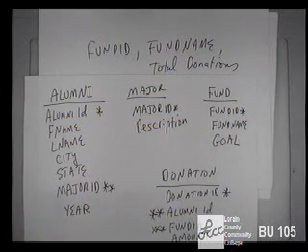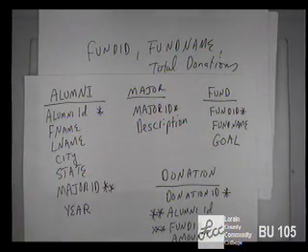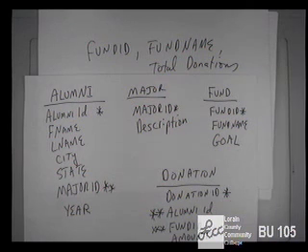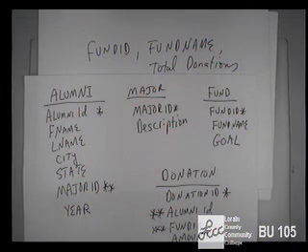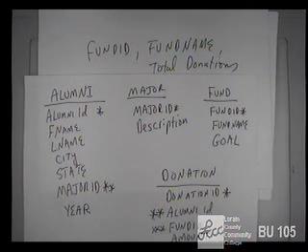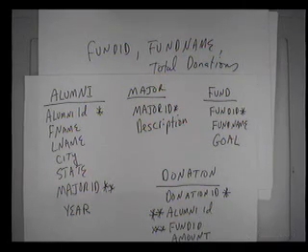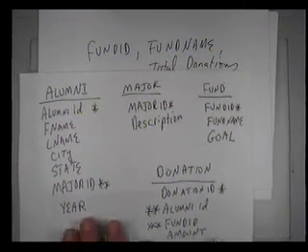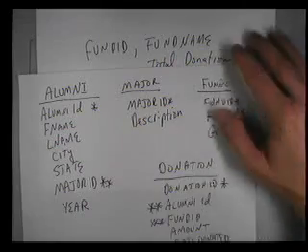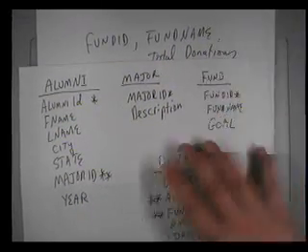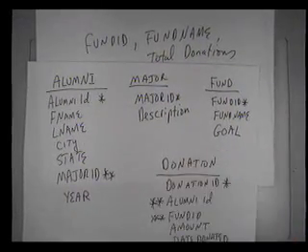So I want to see for each fund the ID of the fund, the name of the fund, and the total of the donations. That is the total amount. That's what I mean by total donations.